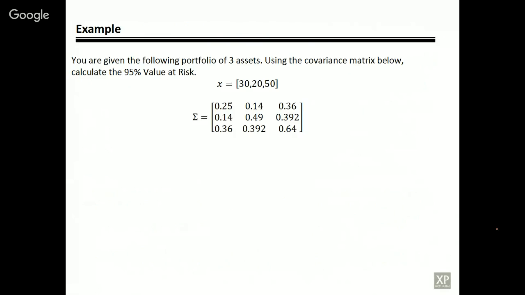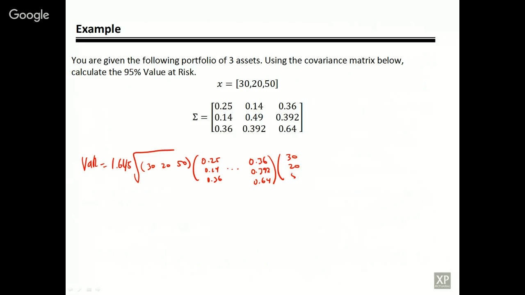So we have an example. You are given the following portfolio of 3 assets. Using the covariance matrix below, calculate the 95% VAR. So VAR would be equal to 1.645 multiplied by the square root of our portfolio variance, which would be our x terms multiplied by our covariance matrix. I'll just save myself from writing all these terms out. Multiplied by our x matrix transposed here.